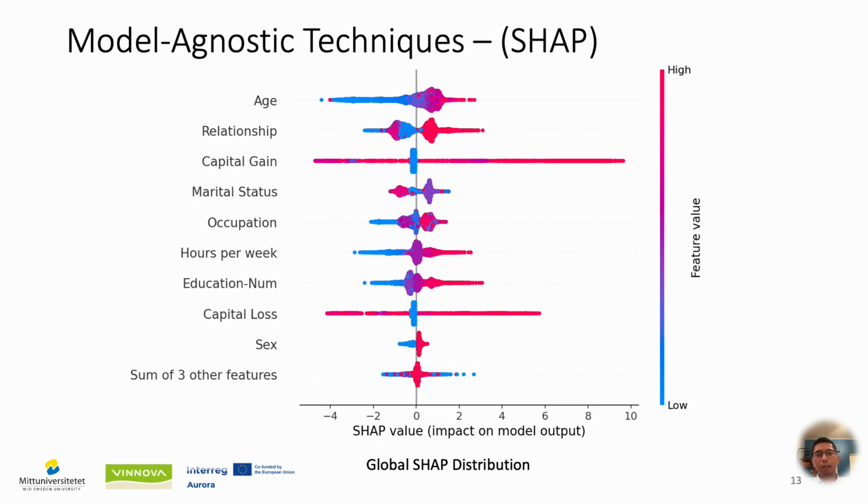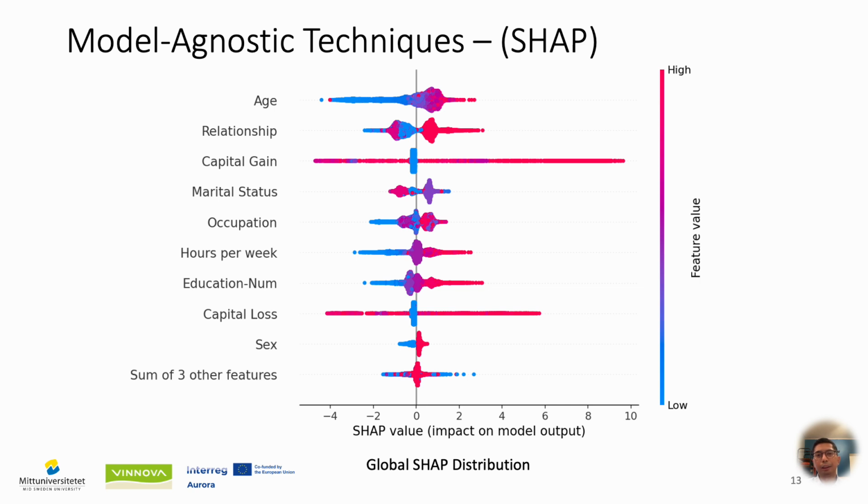This is a SHAP summary plot. Each point represents a single data instance, showing how much a feature pushed the prediction up or down. The color represents the feature value: red means high values of the feature, and blue means low values. For example, higher age values, in red, tend to push the prediction higher, while lower age values, in blue, push it lower.